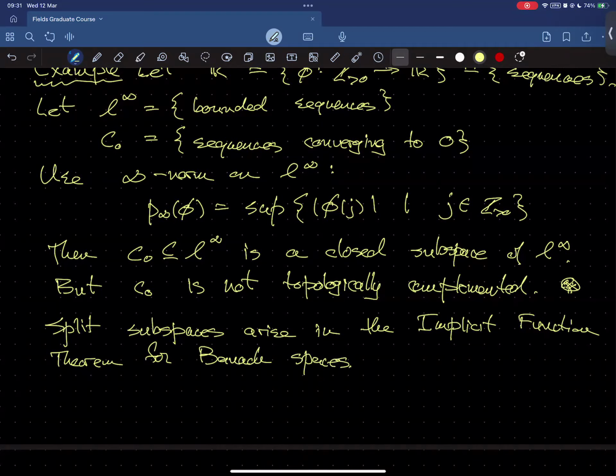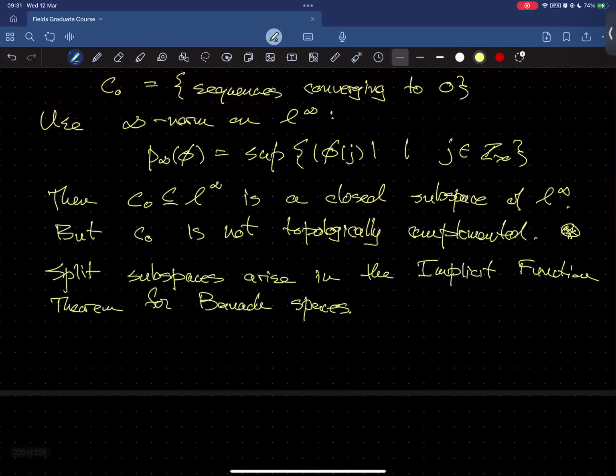Remember, Banach spaces are complete normed vector spaces. I'm going to very quickly and sketchily tell you some version of the implicit function theorem.